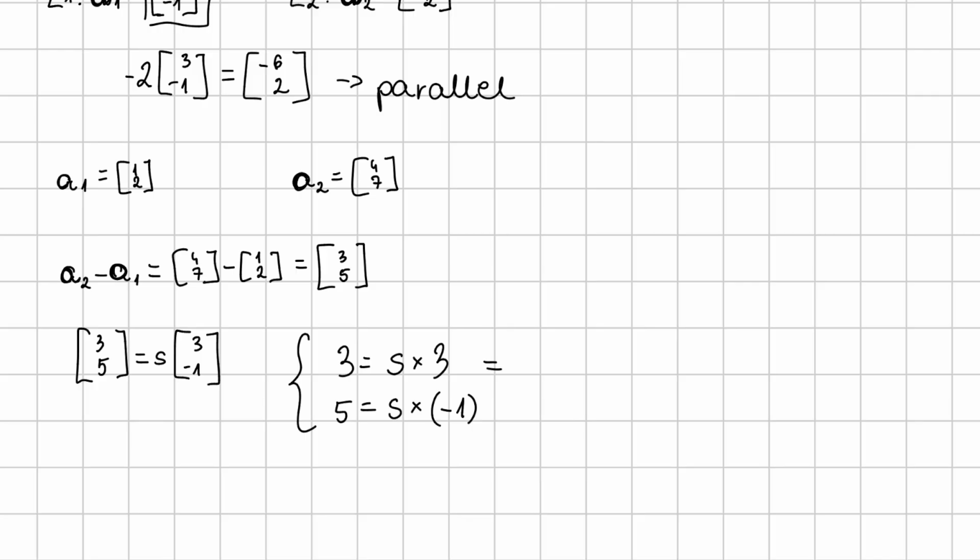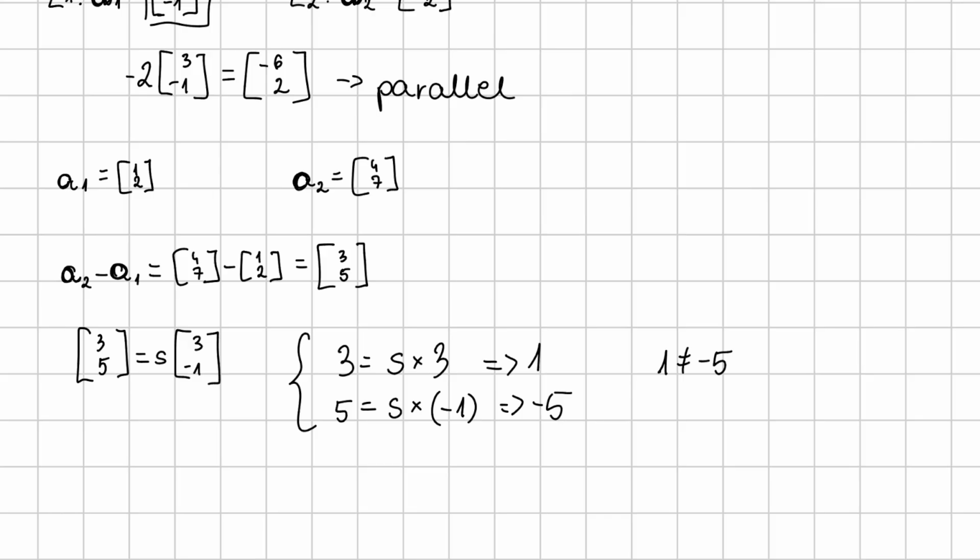From the first one we have 1, and from the second one we have negative 5. So 1 is not equal to negative 5, and in this case they are not coincident, they are just distinct parallel lines.